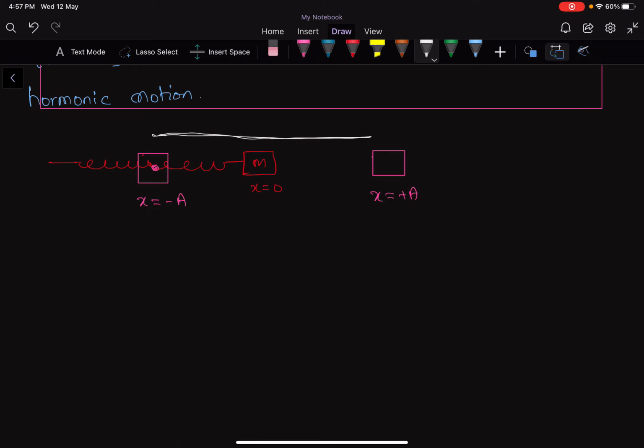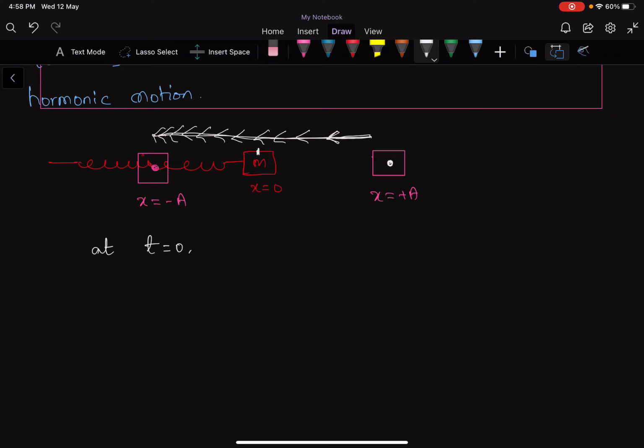Say at t equal to 0, if I leave the particle at this position, it will come towards the mean, overshoot the mean position and move towards the negative extremum.